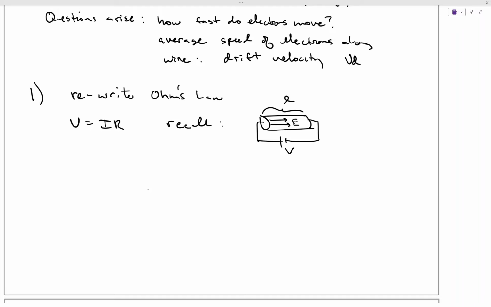And so we could rewrite V as the integral of E dot dl, and in this situation, it's just going to be the length of the wire times the electric field. Then we can also introduce a new definition, something called the current density.